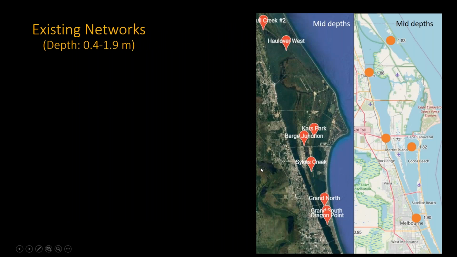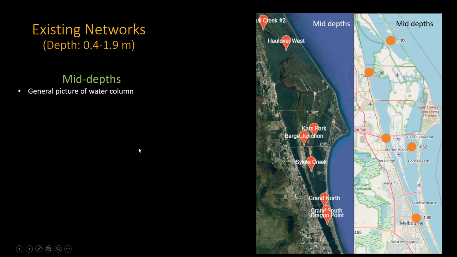And so when we start to track this, what existing data are available? There are a few different networks out there. Most of these sensors are located at the middle of the water column at depths ranging between about 0.4 and 1.9 meters, and that varies as the water level in the lagoon adjusts following trends in coastal sea level.